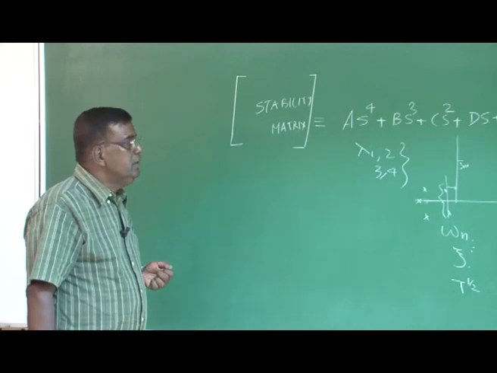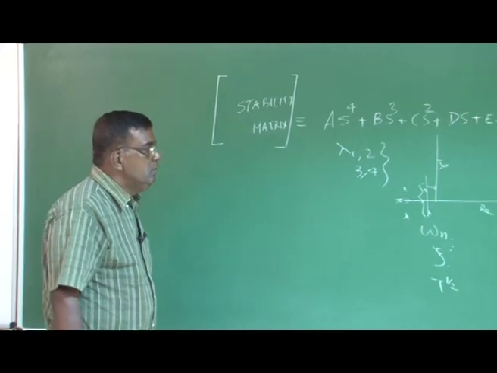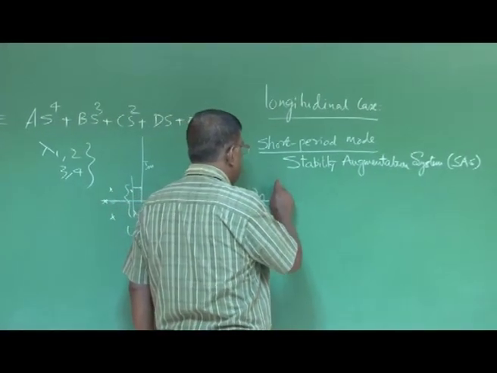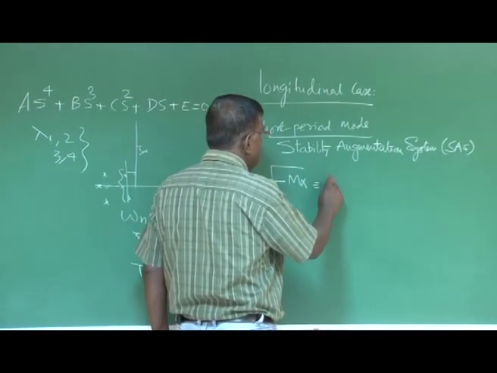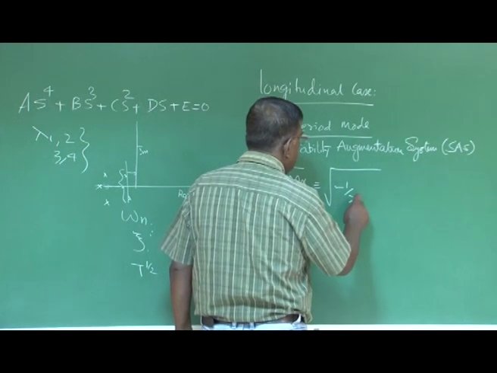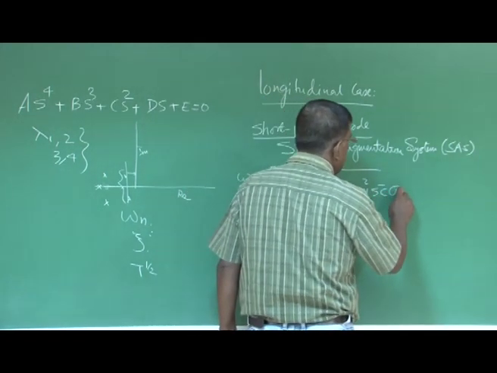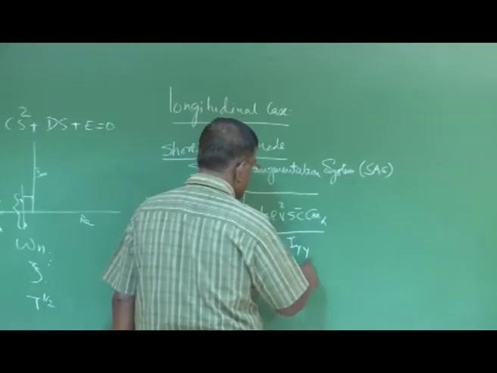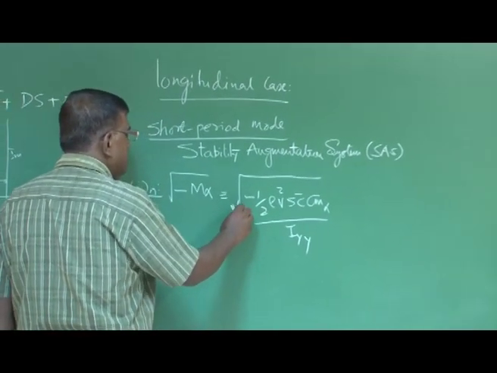But a designer will always try to start with a simpler thing. So omega n for pure pitch will be root of minus M alpha, and this you know is equal to under root of minus half rho V square S c bar Cm alpha by I yy.